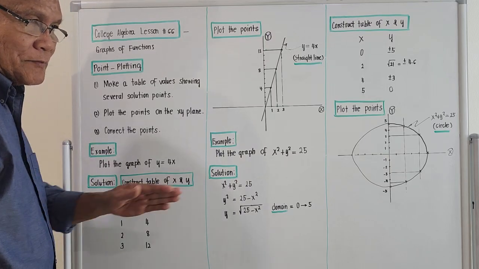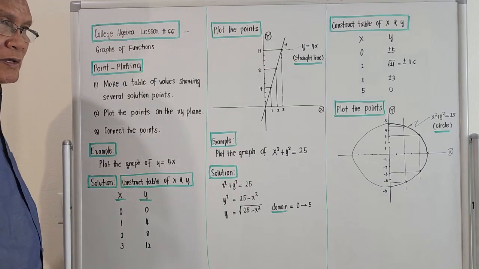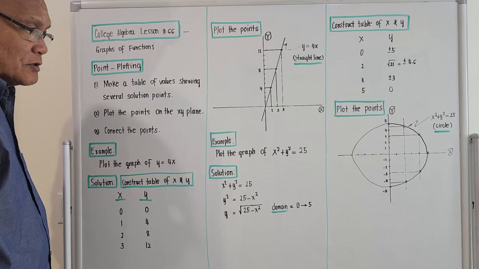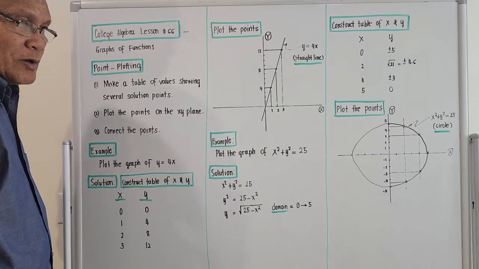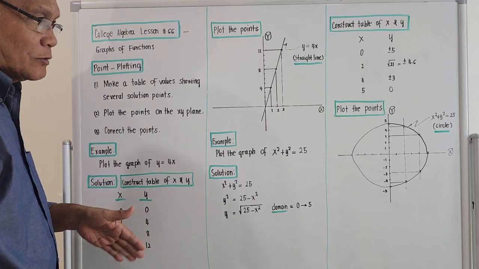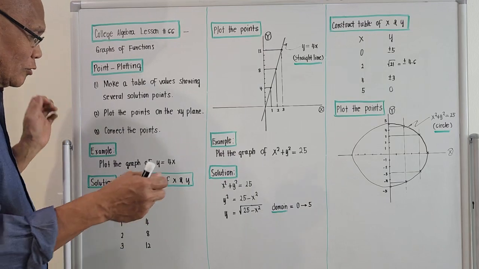Because if the graph is complicated, even though you plot so many points, still you could not figure out what will be the figure. But at least we will be using our intellect on how to minimize the procedure and how to plot this graph.